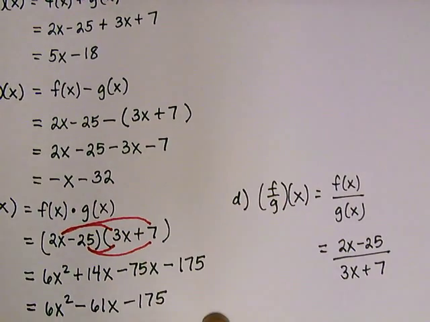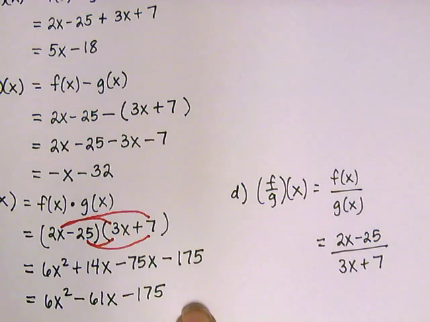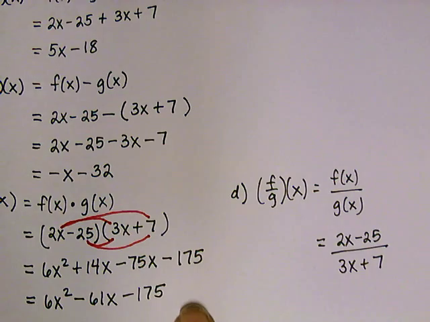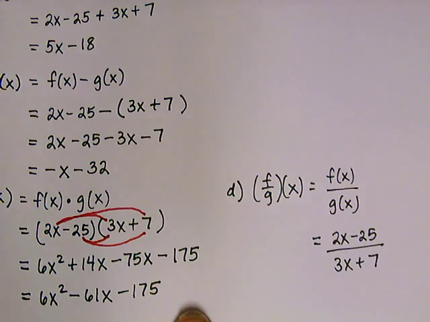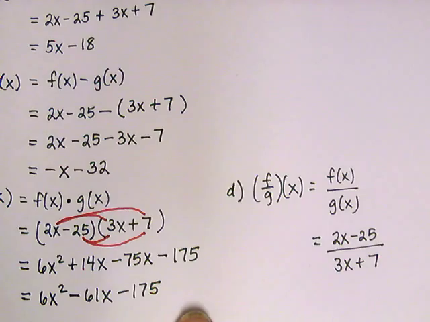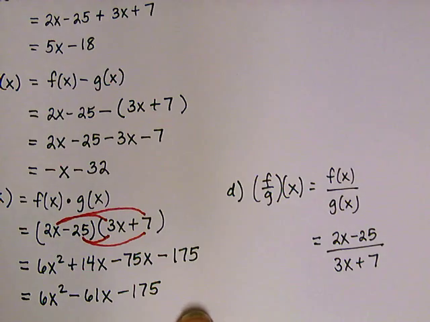And that's as far as I can go with that problem, because I cannot factor out any common factors that would simplify this in simplest form. Okay, so the quotient of f and g of x would be 2x minus 25 divided by 3x plus 7.